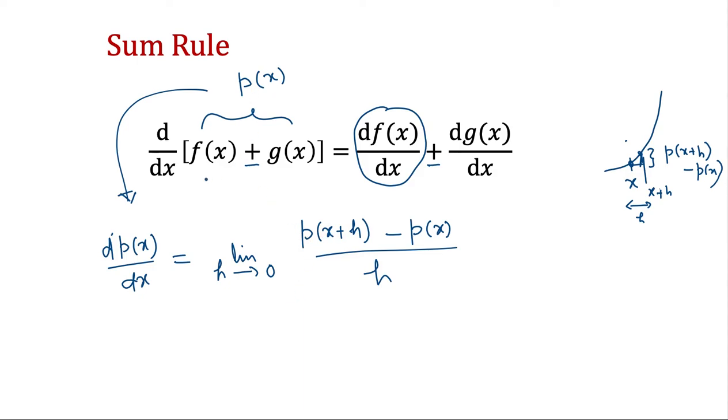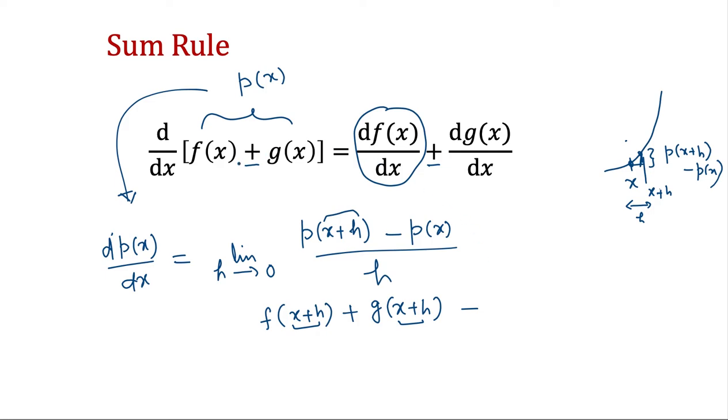Now p(x) is itself f(x) plus g(x). So replace this with f(x+h) plus g(x+h). This is the expansion of this term. Whatever is the variable here, it is the same variable for f and g. And now let's expand p(x).